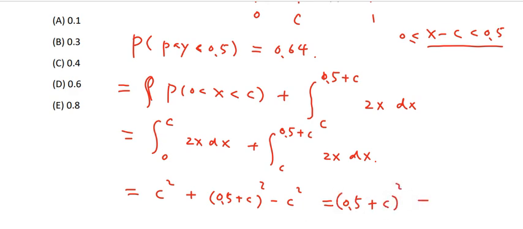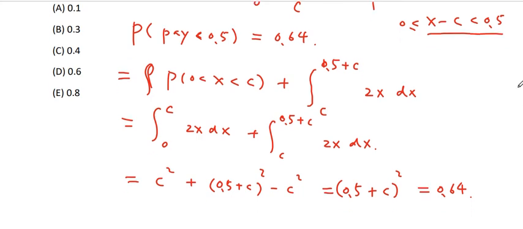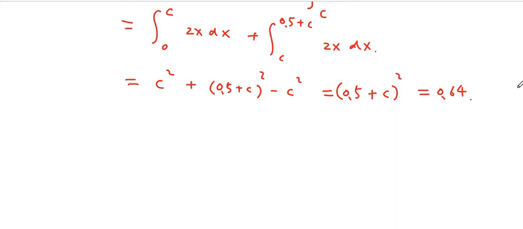Now we let this equal the given value, so we can find C. It's actually very easy by now. We set this equal and take the square root, so C equals 0.3.